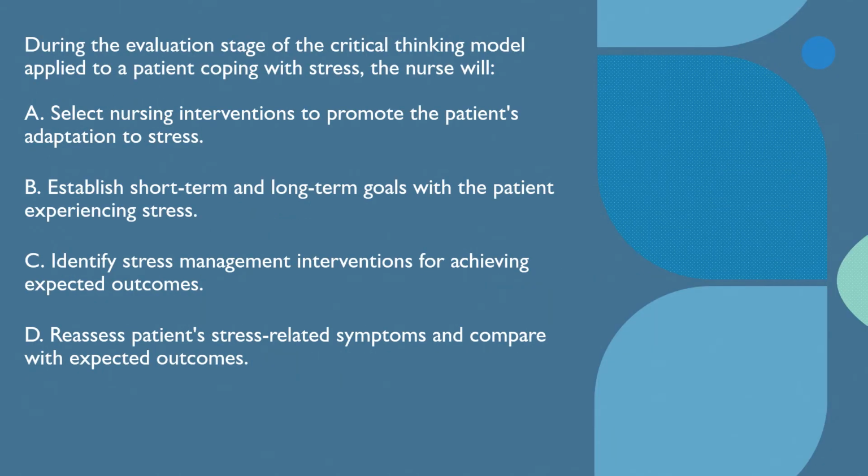During the evaluation stage of the critical thinking model applied to a patient coping with stress, the nurse will: A. Select nursing interventions to promote the patient's adaptation to stress. B. Establish short-term and long-term goals with the patient experiencing stress. C. Identify stress management interventions for achieving expected outcomes. D. Reassess patient's stress-related symptoms and compare with expected outcomes.